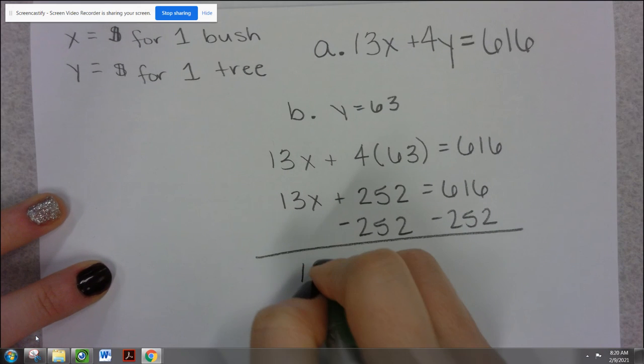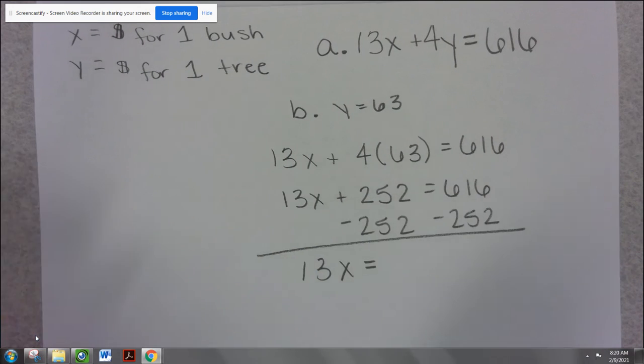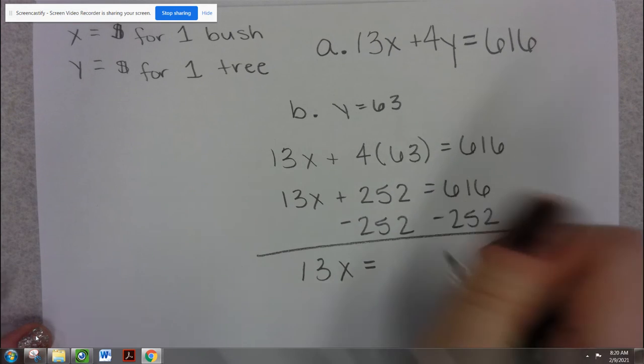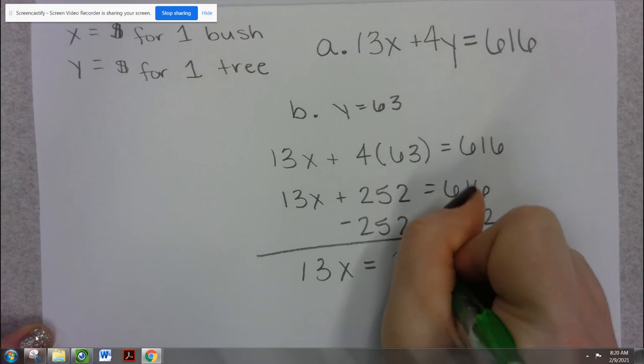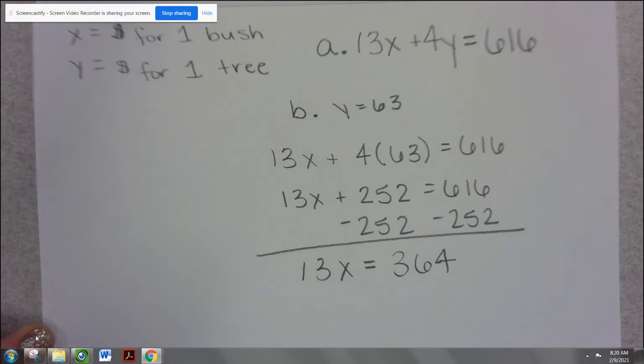So I have 13x being equal to, and again, I don't care how you do this. You know I prefer not to do stacking, but if that's what floats your boat, then that's what you do. Either way you slice it or dice it, this should give you 364.